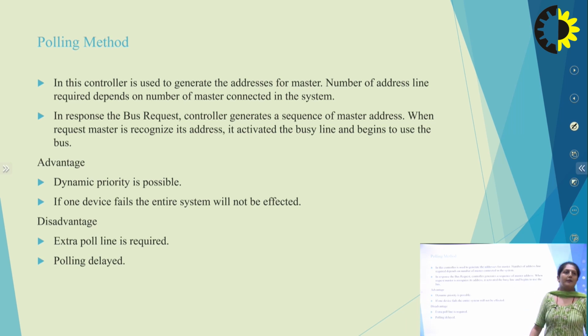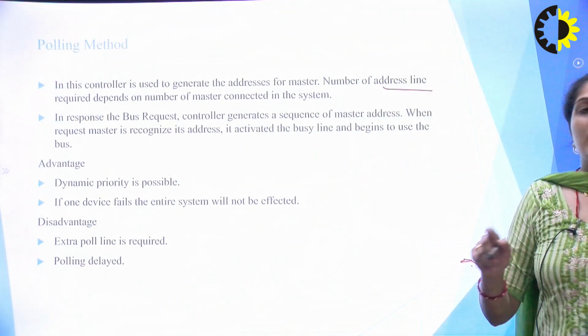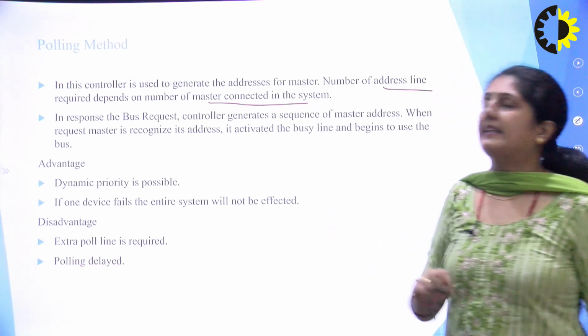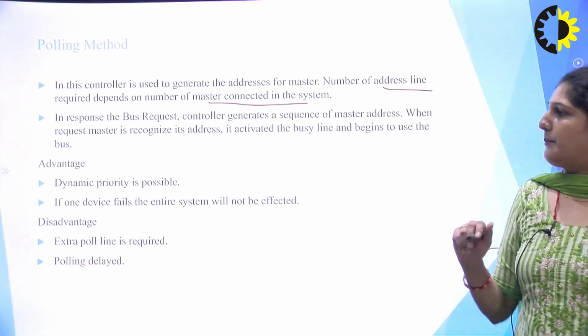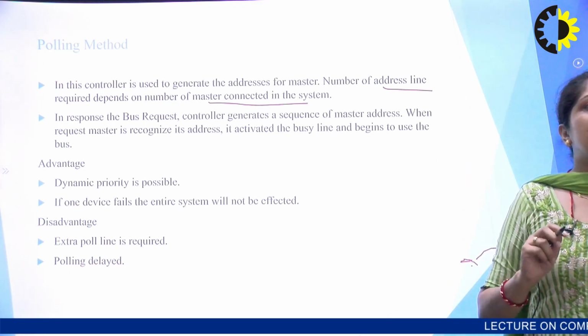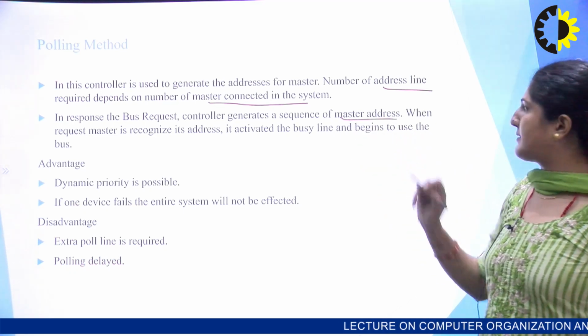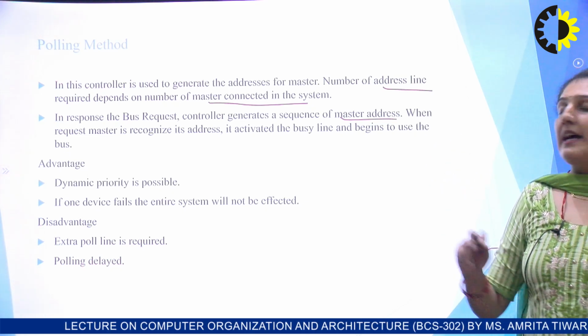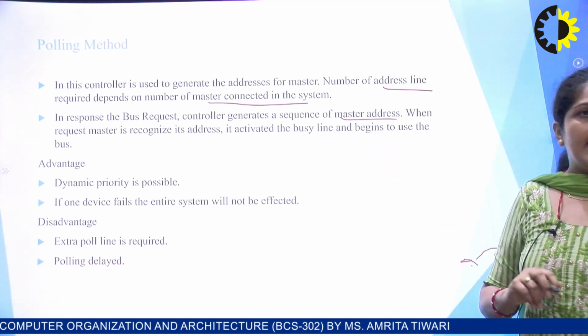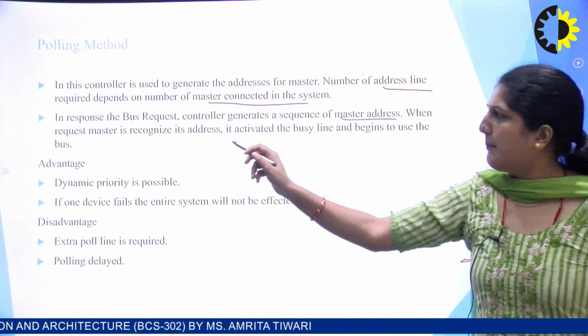So we can say that in this method the controller is used to generate the addresses for the masters, and the number of address lines required depends on the number of masters connected in the system. In response to a bus request, the controller generates a sequence of master addresses. When the request is recognized by its address, the master activates the bus line and begins to use the bus.